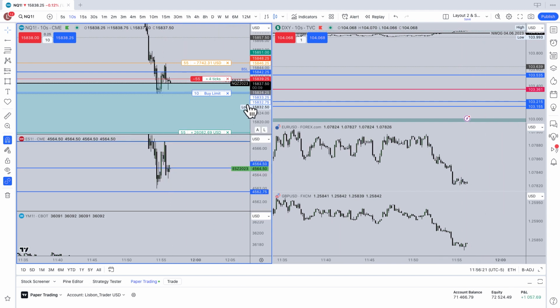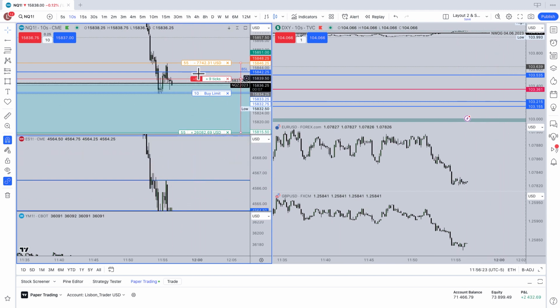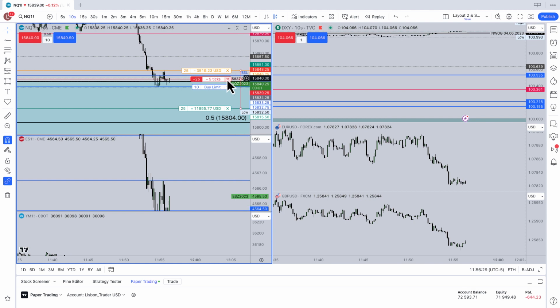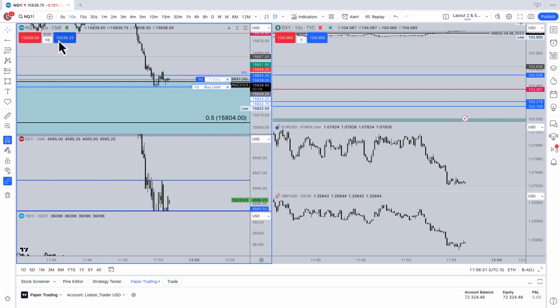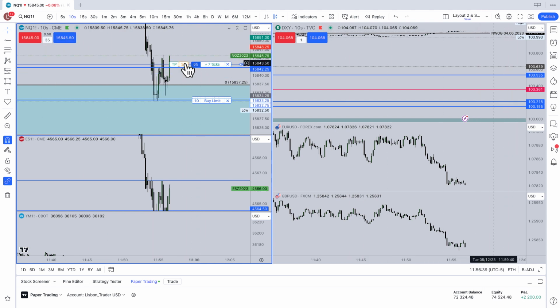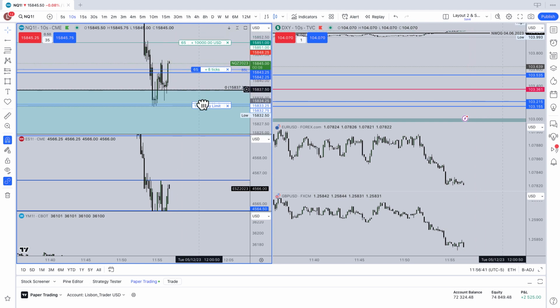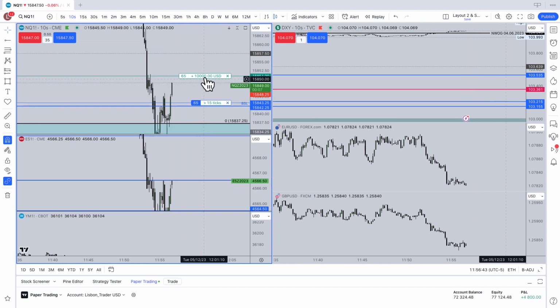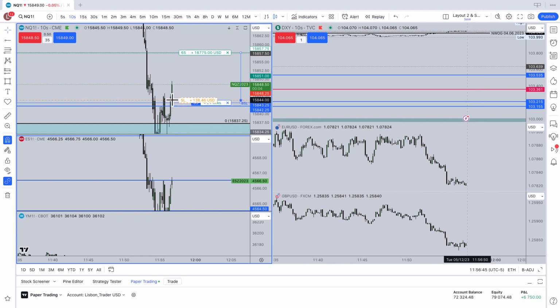So there's a shift in market structure here. Be prepared for a reversal. There, buying for the reversal. Quickly snap back.